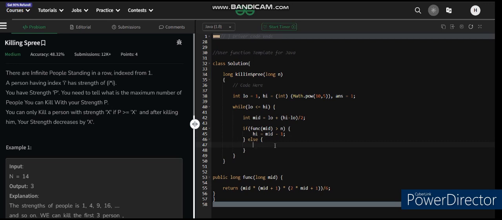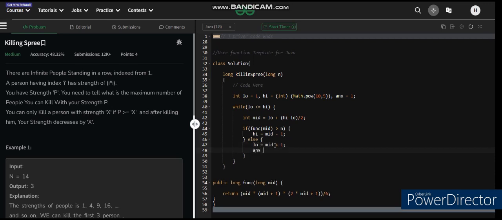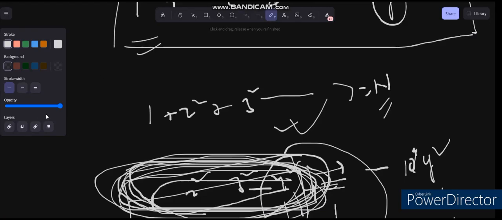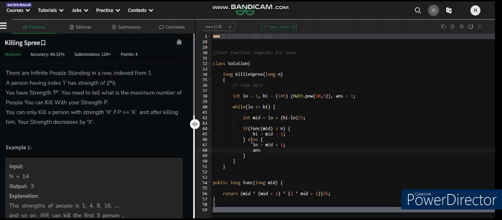Otherwise, we can take the answer by having low is equal to mid plus 1. If it is equal to, then this may be the answer. So for being safe, we will have this mid as the answer. This will basically represent the number of people, which will be the mid value.